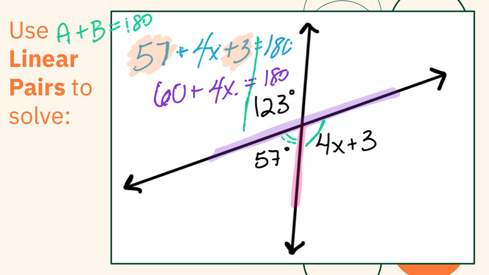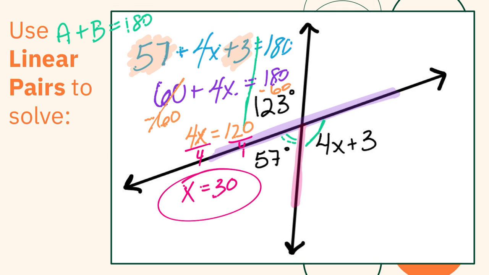So then I get 4x equals 120. And when I divide by 4, x equals 30. And that should be the case. I should find that because this is the same problem as the last one, I'm just using a different part of the problem to solve for x, that I should still get that same answer.